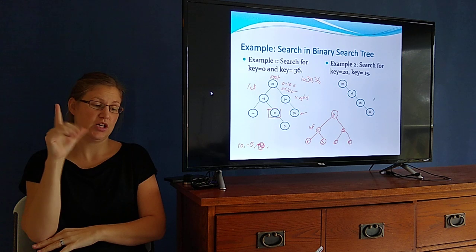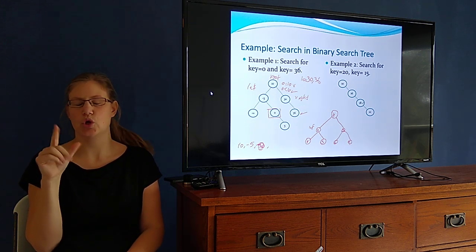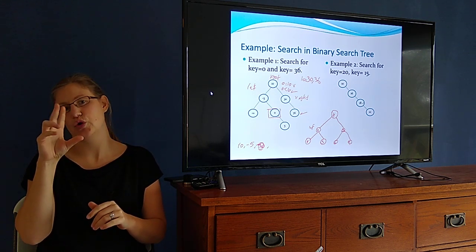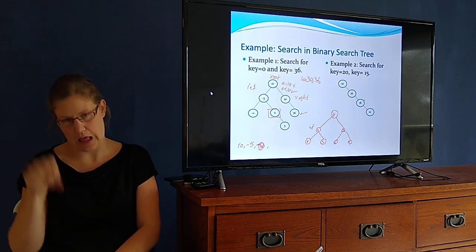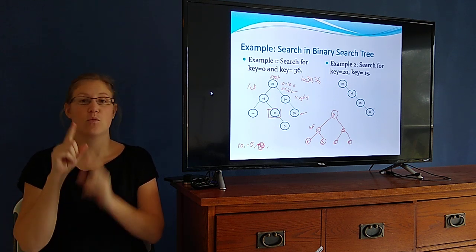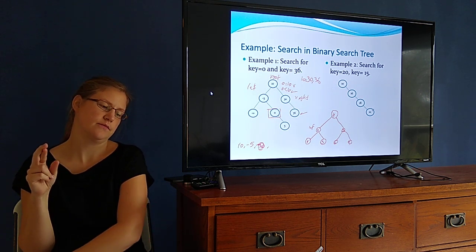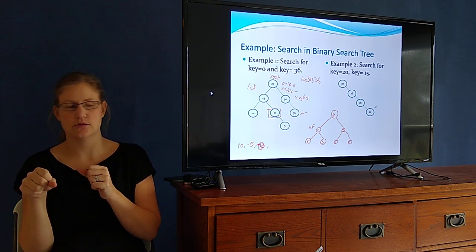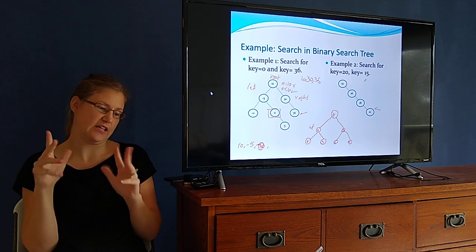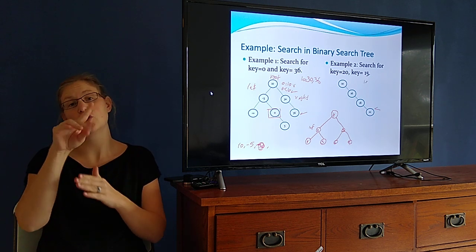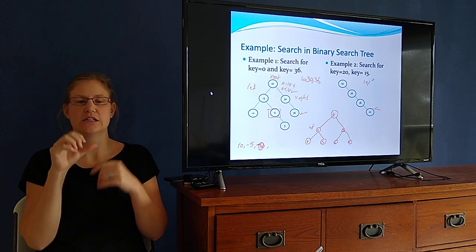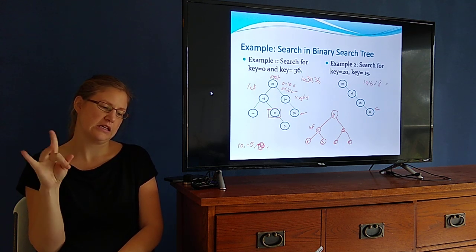Is 20 equal to 18? No. Less than 18? No. Greater than 18? Yes. Then visit the right subtree. Is 20 equal to 20? Yes, so we have found 20. All the nodes that we have visited are 10, 16, 18, and 20.